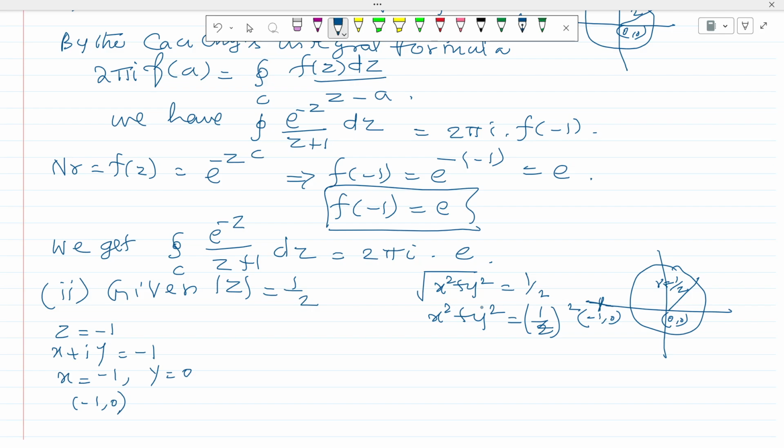If inside the circle, you can go ahead with the integration to find the value. If the point is outside the circle, just put 0. Close your eyes, put 0. That's all. Nothing to calculate. If the point is outside the circle, the integral value is 0.